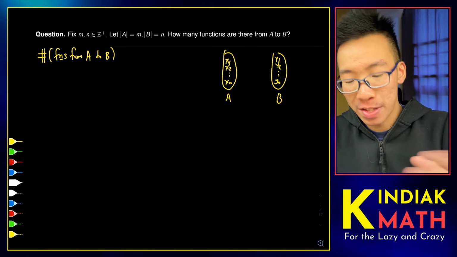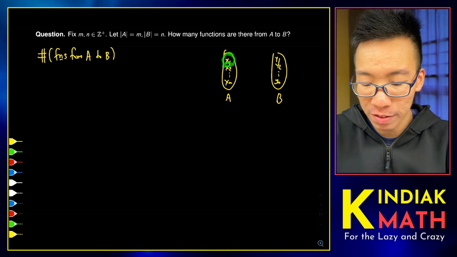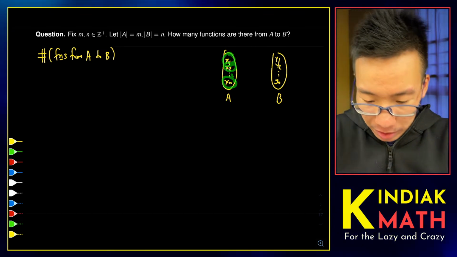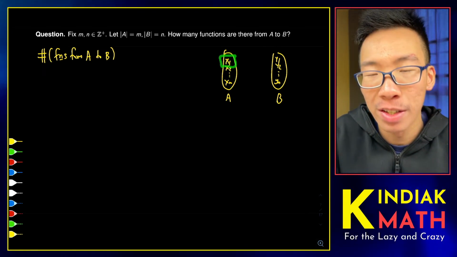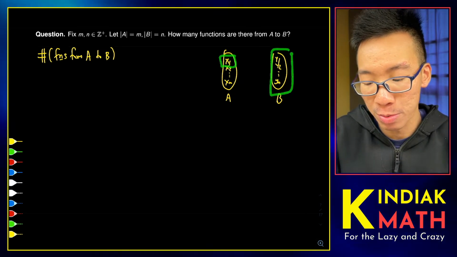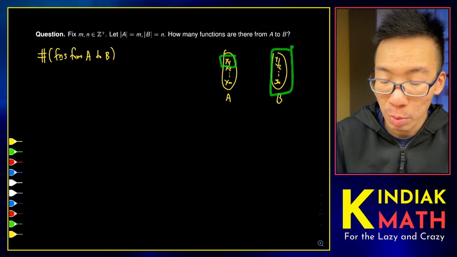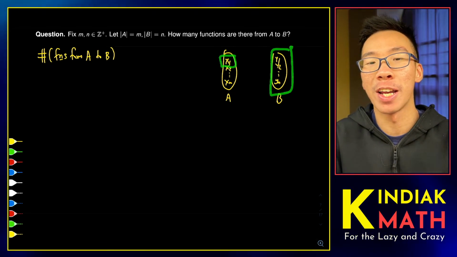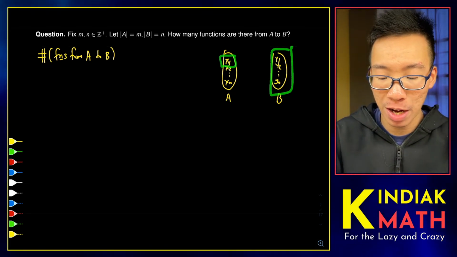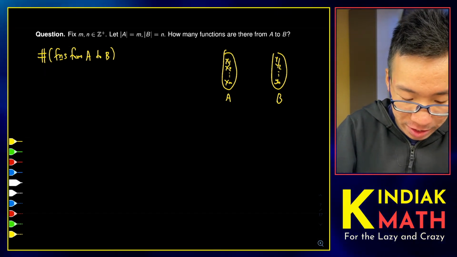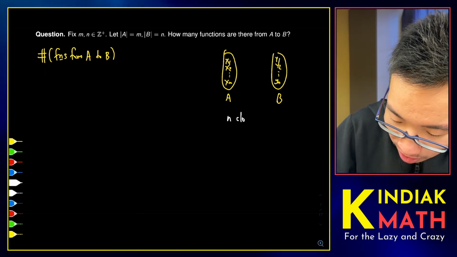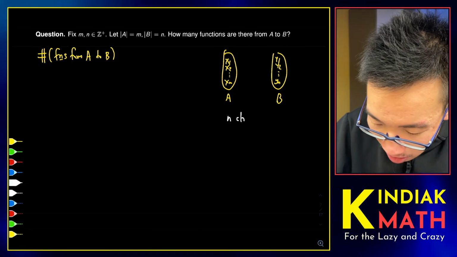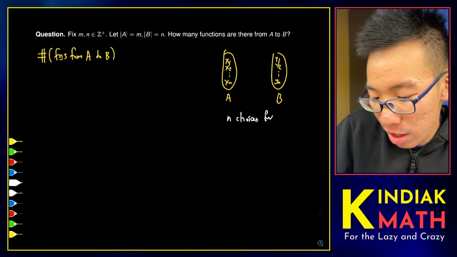So we can think about it this way. For each of these inputs, we must find exactly one output for them. For the input x1, how many choices of outputs do we have in B? We have a total of n choices, because it's y1 all the way to yn. So it's n choices for x1.